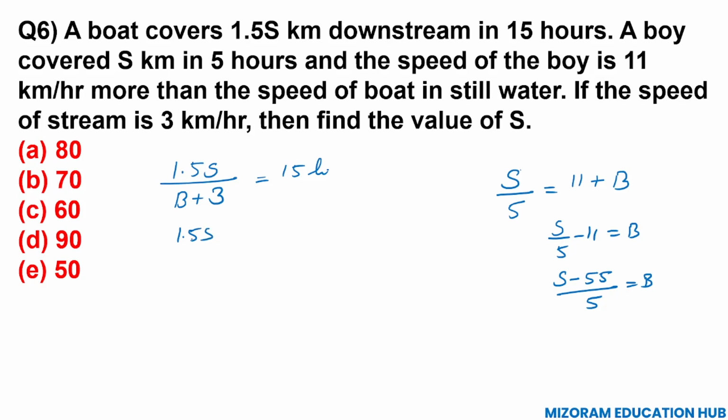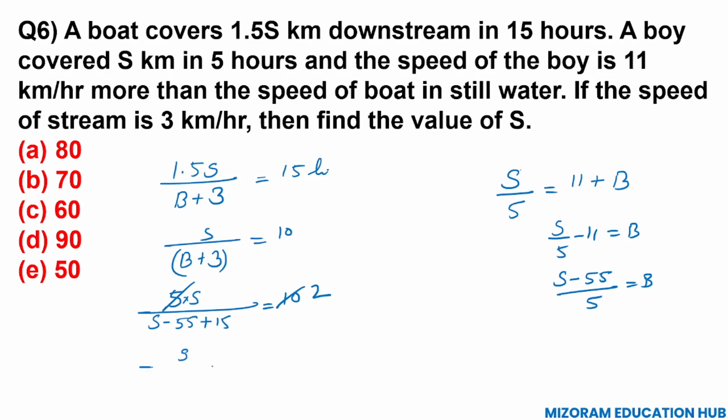Now 1.5 S is a decimal, so we multiply by 10, and the 15 cancels out, and 10 remains. Now the value of B is found. So S by S minus 55 by 5 plus 3, we multiply by 5 and this gives 5 times 3S is 15, and this equals 10. The 5 and 10 cancel by 2.